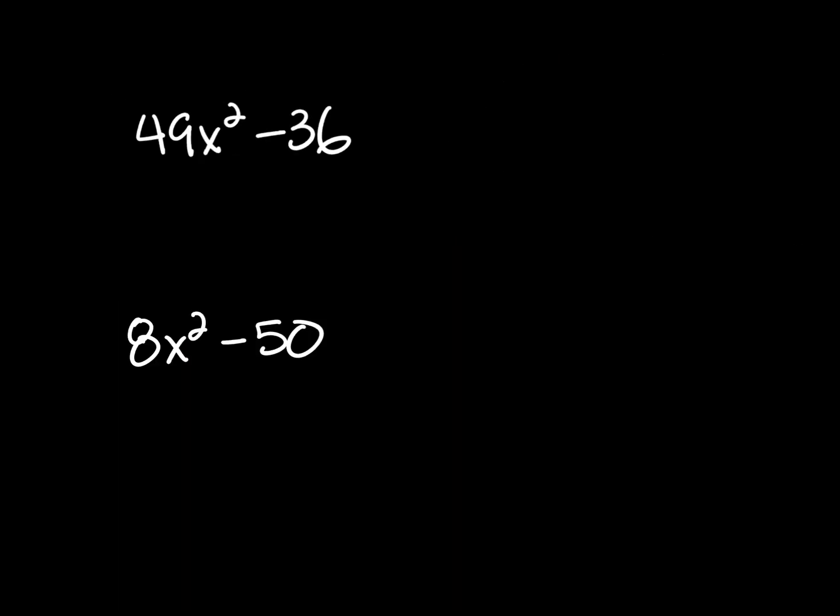Here I have 49x squared and 36. I am going to check for a GCF because the numbers are getting bigger, but 49 and 36 actually don't have any common factors, but they are perfect squares. So I know I'm going to factor right away. The square root of 49x squared is 7x.